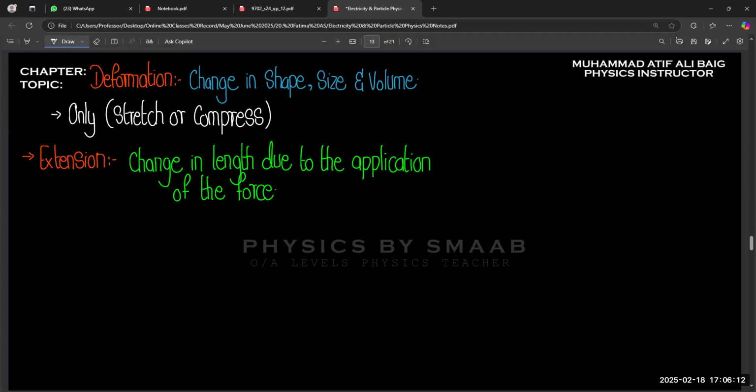Extension can be represented by the symbol x. Final length minus initial length is equal to extension.